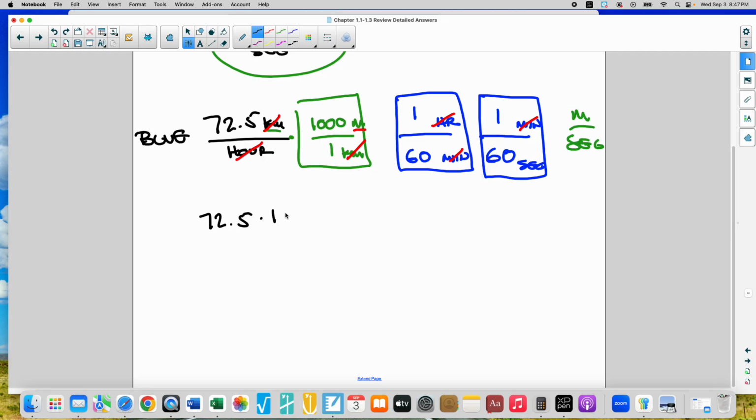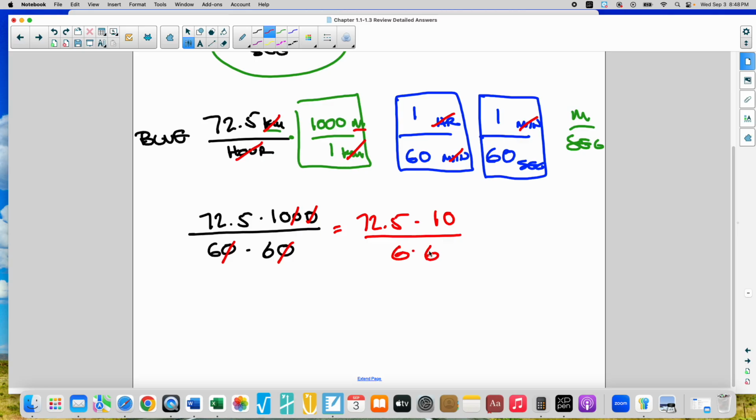So I got 72.5 times 1,000 over 60 times 60. So let's start canceling this 0 with this 0, this 0 with this 0. So that gives me 72.5 times 10 over 6 times 6. Well, 10 times 72.5 is 725. 6 times 6 is 36.